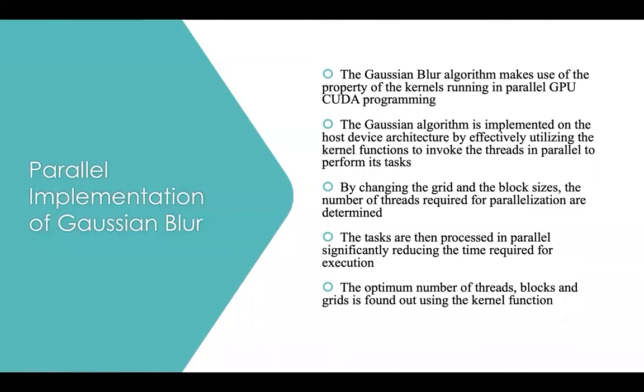Now, by changing the grid and the block sizes, the number of threads required for parallelization are determined. The tasks are then processed in parallel, and this significantly reduces the time required for execution. The optimum number of threads, blocks, and grids is found out using a kernel function.